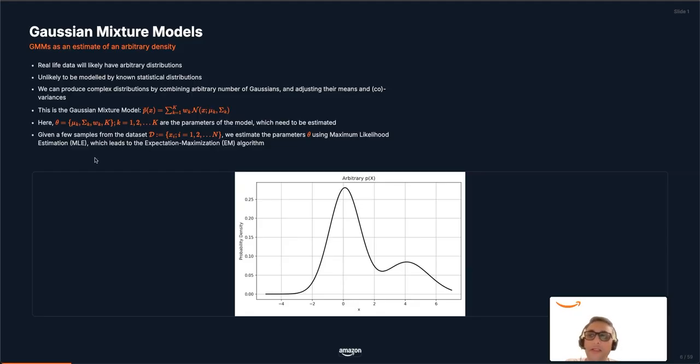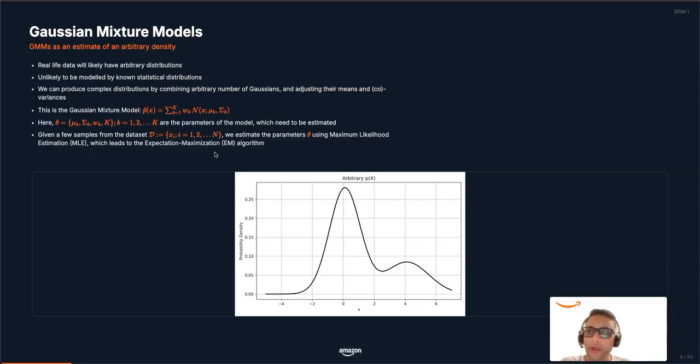The problem of estimating P of X becomes the problem of estimating, given a few samples from the data set D, that is x of i, i equal to 1 to N, the parameter theta, and we want to do it using maximum likelihood estimation. And what we will see is that it is the expectation maximization algorithm which enables us to do exactly that.